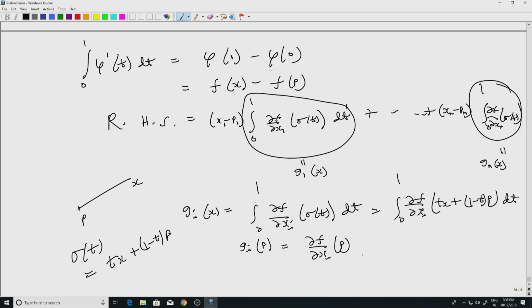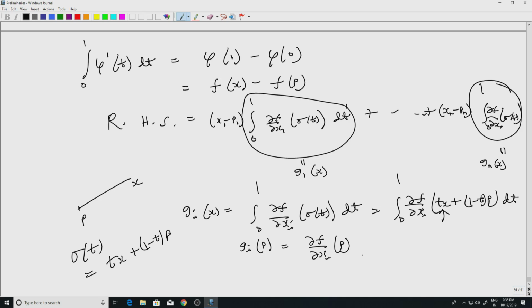Finally, the last statement about gi was that gi at p equals del f by del xi at p. That's clear because when I plug in x equals p, t p and minus t p cancel out and there's a p here. So I just get del f by del xi at p.